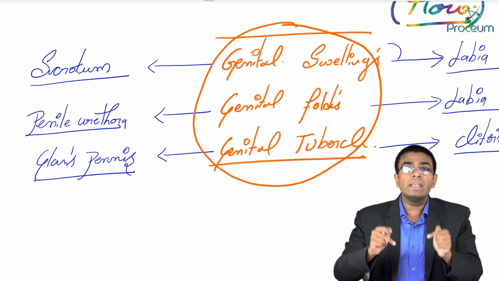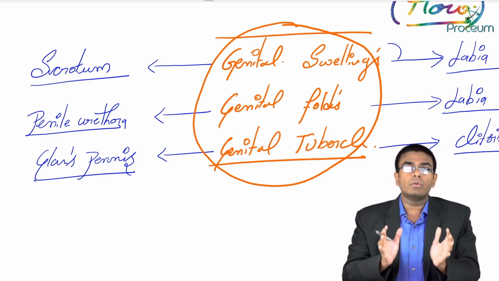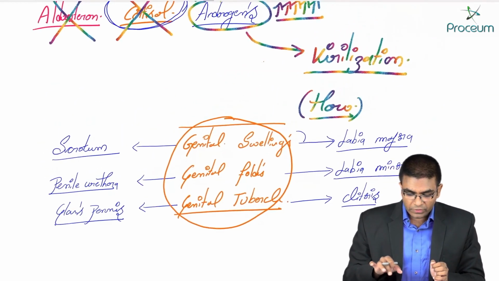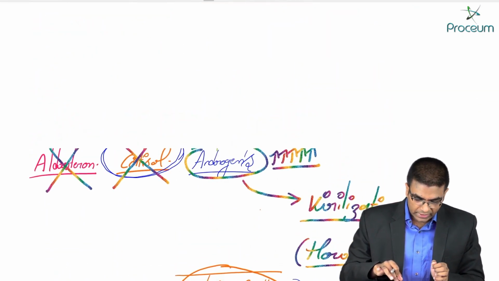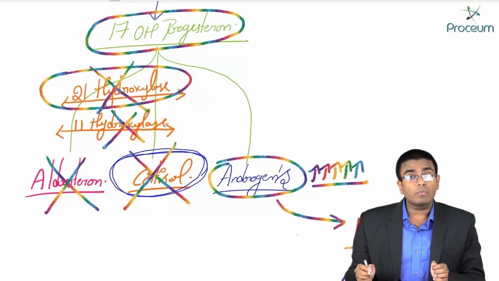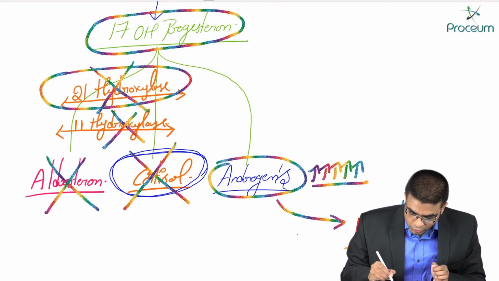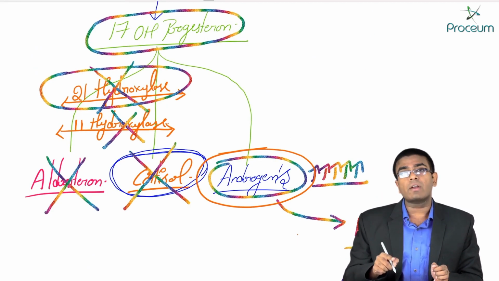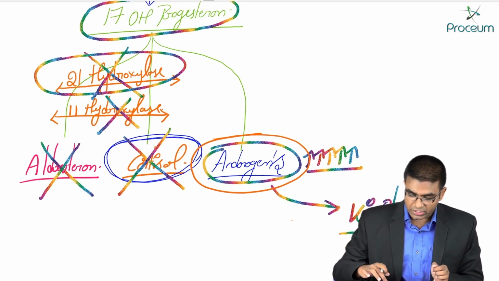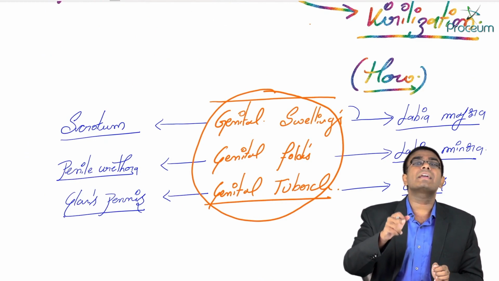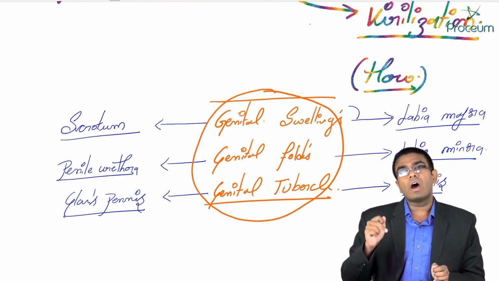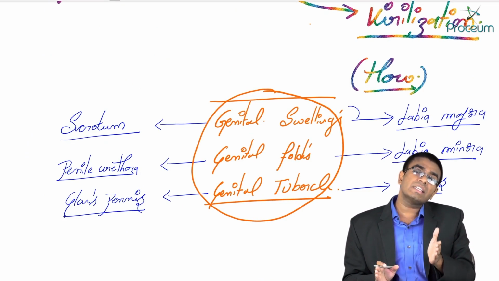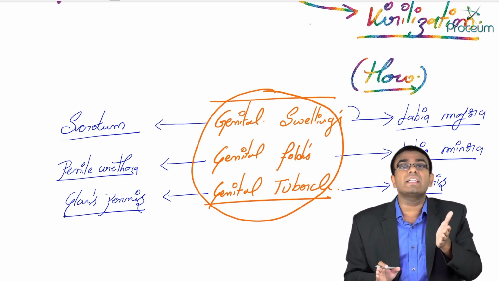So now in our embryo, a female embryo, what's happening? Due to deficiency of 21-hydroxylase, there is too much production of androgens. Now this too much amount of androgens will convert those embryological structures into male external genitalia. So our female will have male or male-looking genitalia.